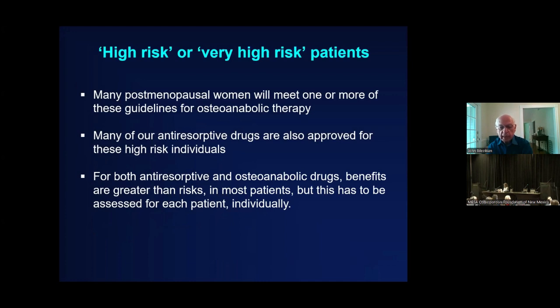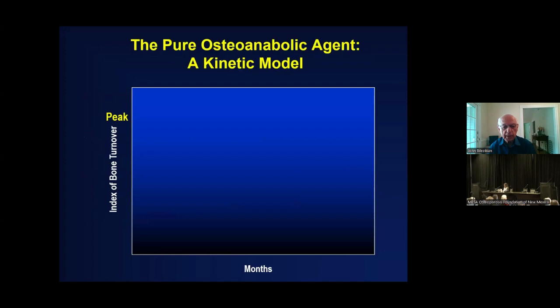We use them and they are approved for individuals at high risk. So we have both the anti-resorptives and the osteoanabolics. And I think we would all agree, despite the fact that there are some risks, the benefits in most cases outweigh those risks. But you want to assess the benefit risk ratio, obviously, for any one of your patients individually.